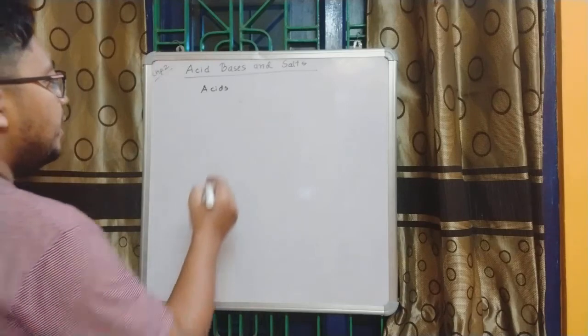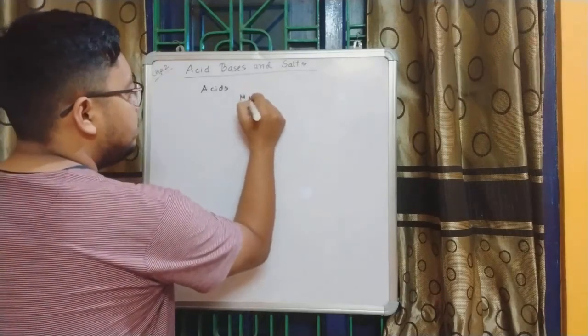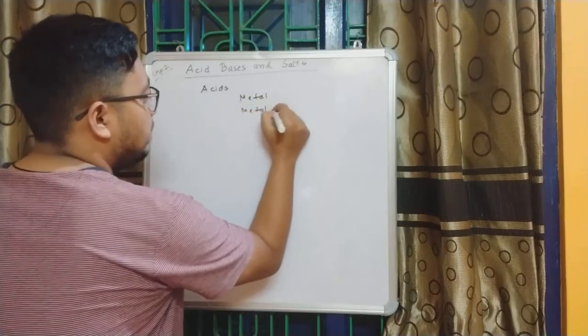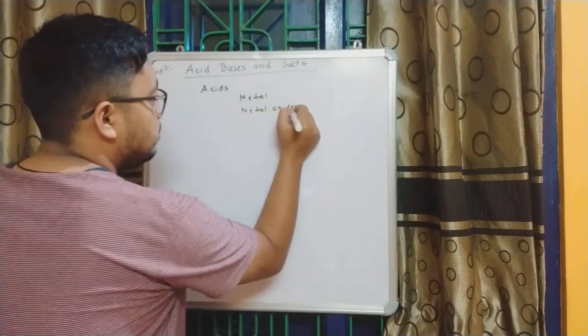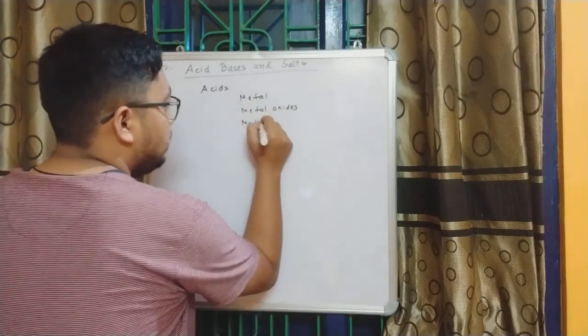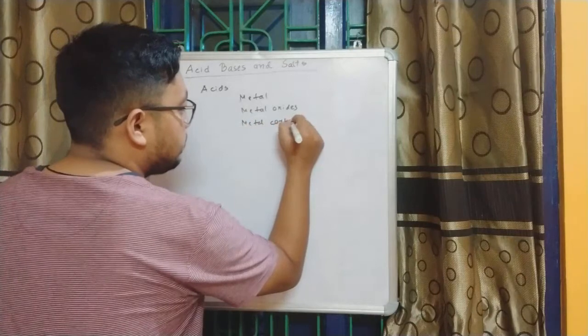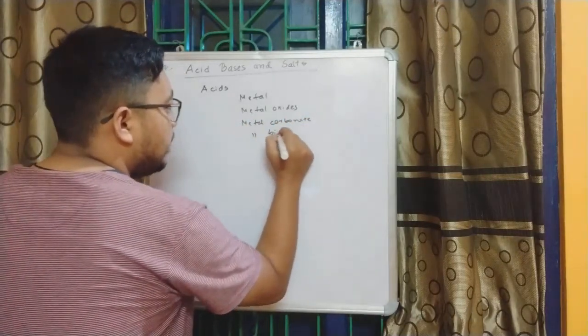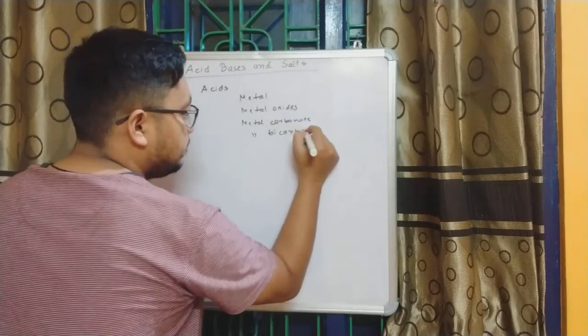For example, how acid reacts with metals, how acid reacts with metal oxides, how acid reacts with metal carbonates, and then how acid reacts with metal bicarbonates.